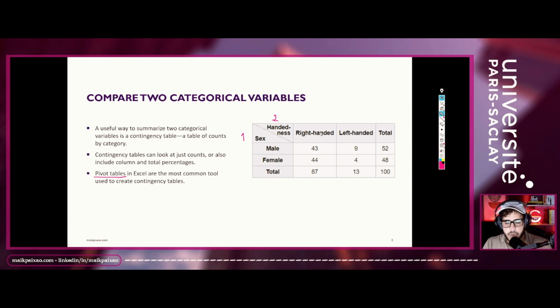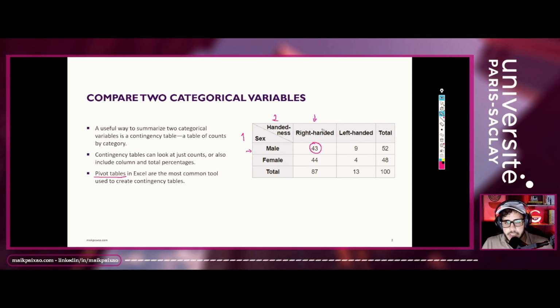One way to look at the contingency table is to analyze the positions from both columns and rows. Analyzing the first row and the first column, we can see that the count is 43, and what it is saying is that 43 out of 52 males are right-handed in our data set.